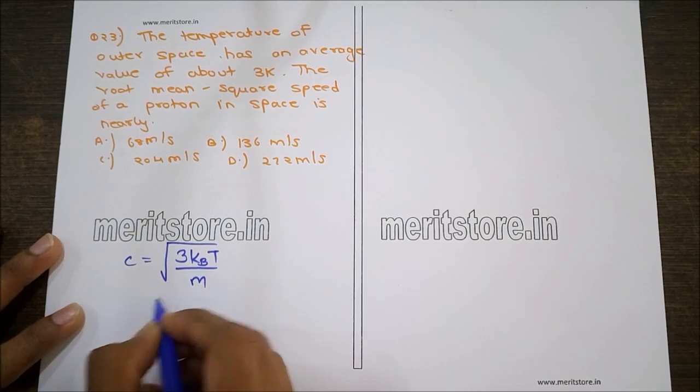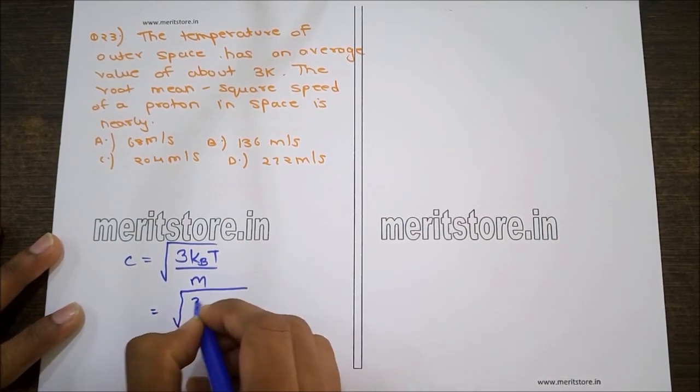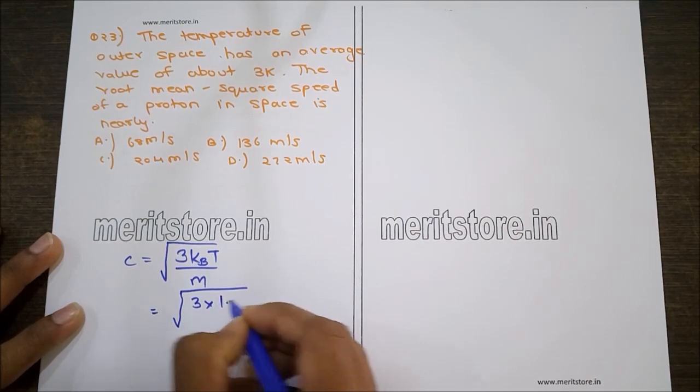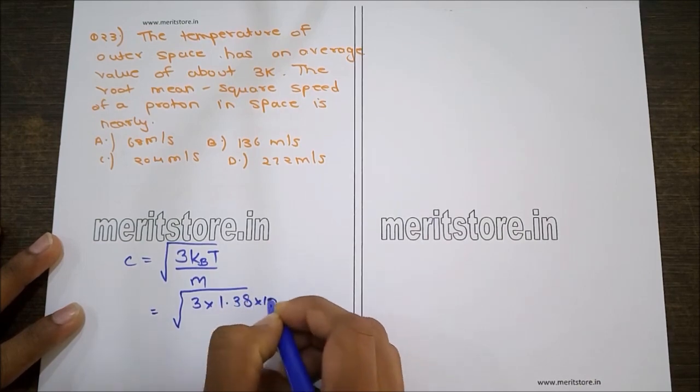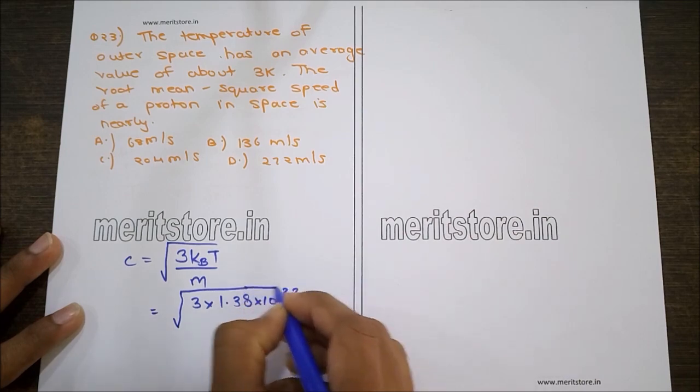So substituting the value of kB, we know it as 1.38 into 10 raised to minus 23. So substituting these values, we get 3 into kB as 1.38 into 10 raised to minus 23, and the temperature is given as 3 Kelvin.